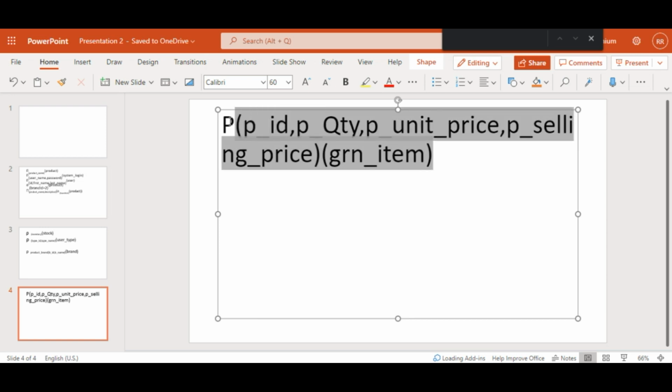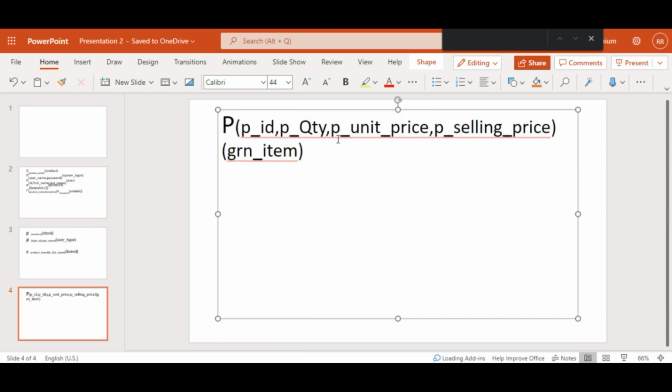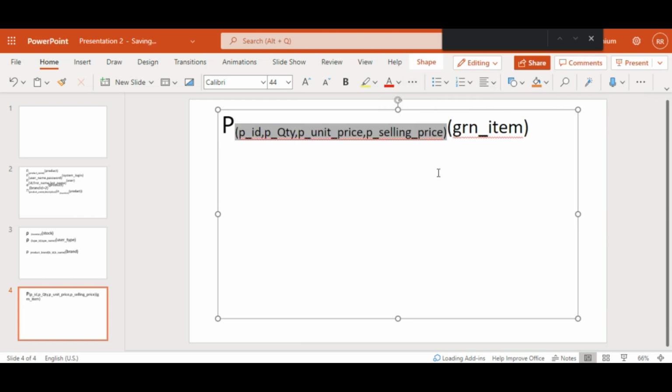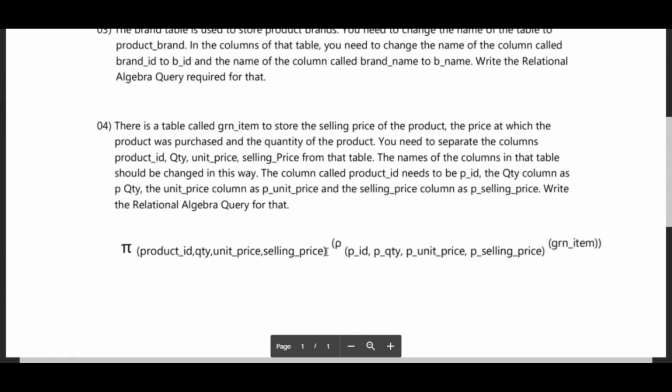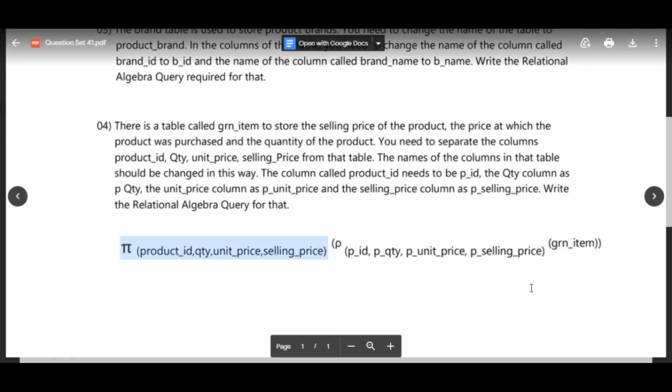And let's change the font. Okay, so now we have renamed the GRN item table columns, and now we can move on to the projection operation.